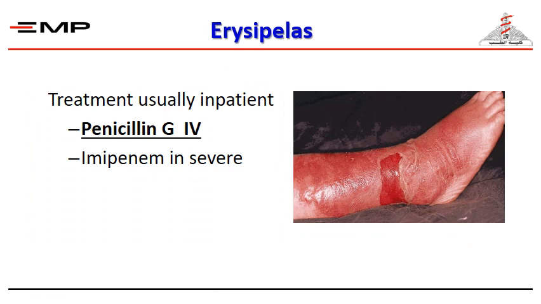Treatment of erysipelas is usually as an inpatient, especially if there is bullae or discharging inflamed skin. The treatment is principally penicillin G given intravenously. In severe cases, imipenem is used.